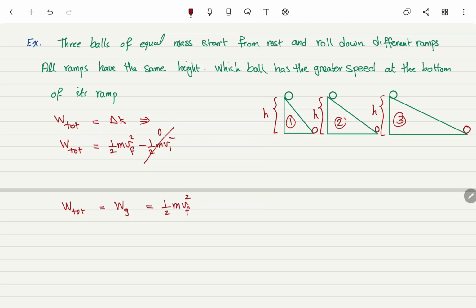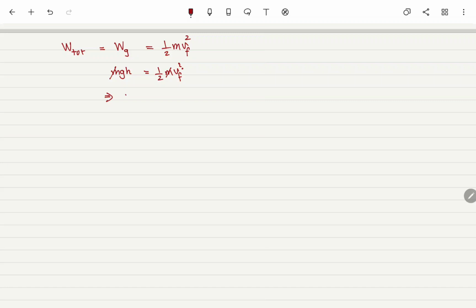squared, or m g h equals half m v final squared, mass cancels with mass here, or v final equals the square root of 2gh.